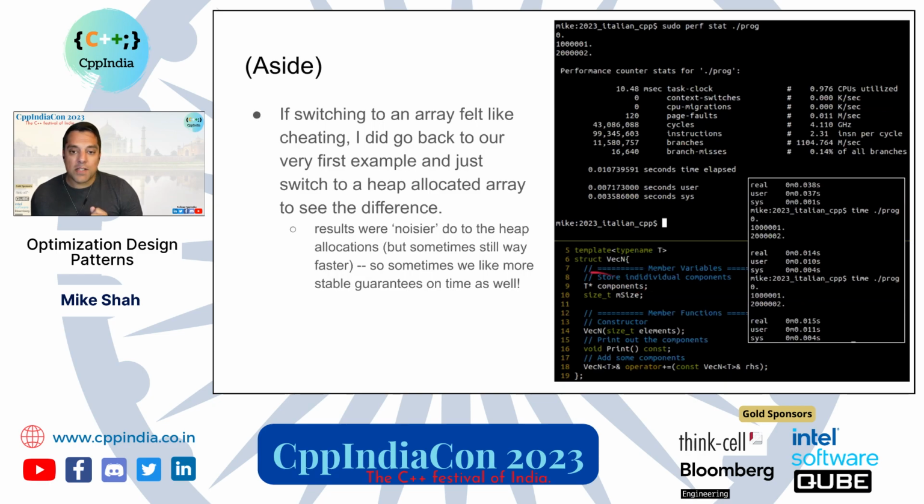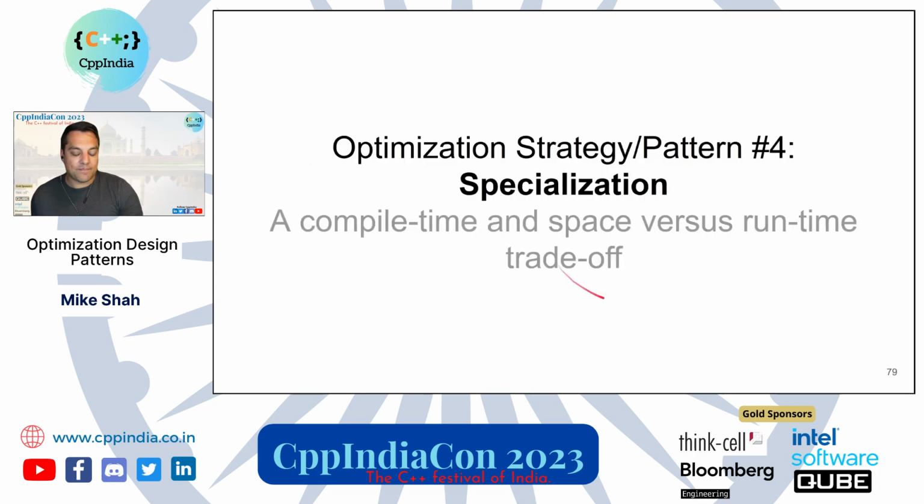But it still was a little bit better, but the best is still the stack allocated array. So in general, just a pure array without any overhead. And again, I have to mention, we should probably be using std::array. That's what we want to use here. But here's an example of a heap allocated array.